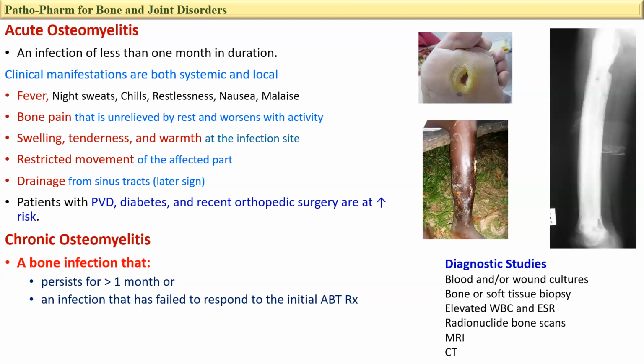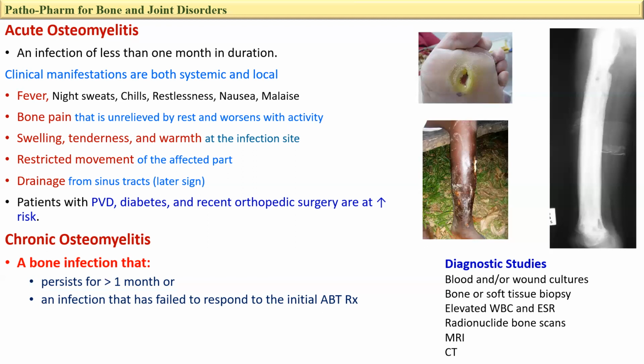The infection of the bone is spread hematogenously, through the blood, or more commonly by direct inoculation. Those with peripheral vascular disease (PVD), patients with diabetes, or patients who underwent recent orthopedic surgery with device implantation are at high risk.